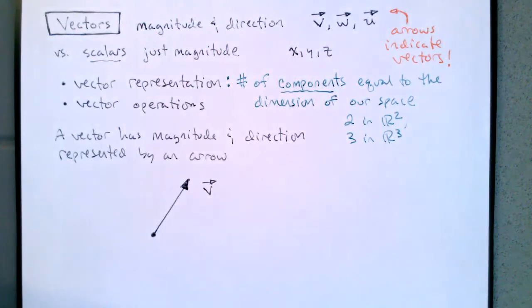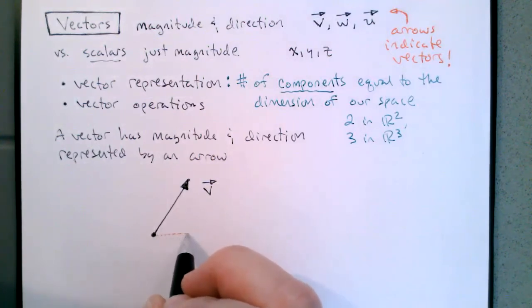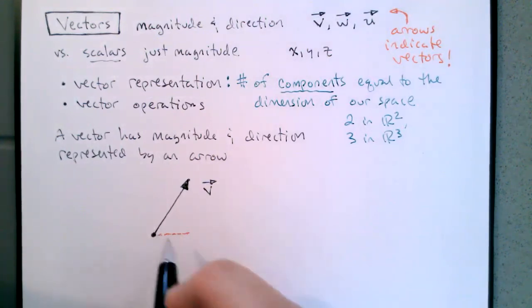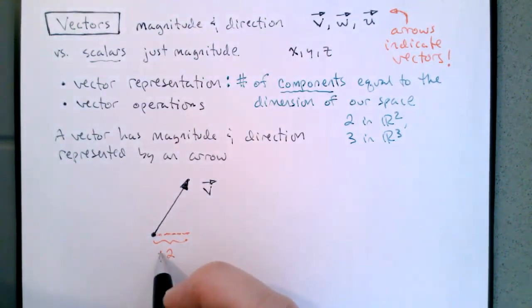The usual thing to do, so let's say this vector v is in R2, is to break it into horizontal and vertical components. So this vector v has a horizontal component. I don't think you can see the grid here, but since this vector points from left to right, the horizontal component will be positive 2.